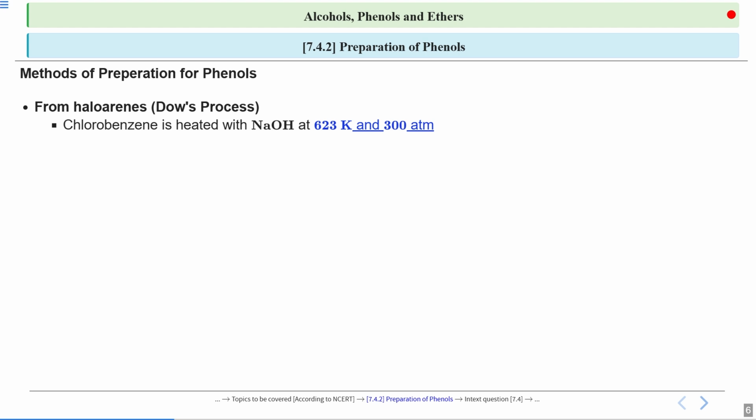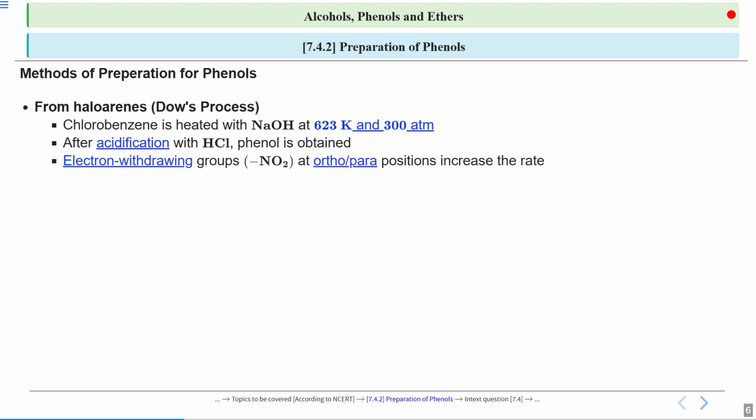When this chlorobenzene is heated with sodium hydroxide, which is a base, at temperature 623 Kelvin and pressure 300 atmospheres, then after acidification with hydrochloric acid, we get phenol. And if electron withdrawing groups like NO2, which withdraw electron density from the ring, are attached at ortho and para positions, this increases the rate of this reaction.